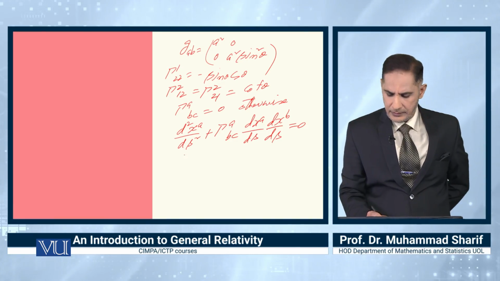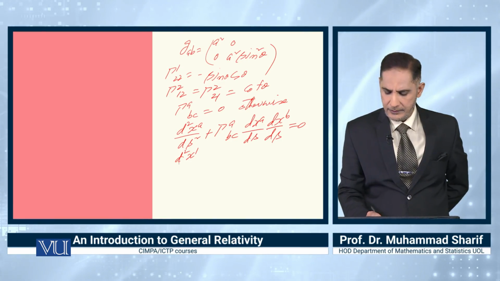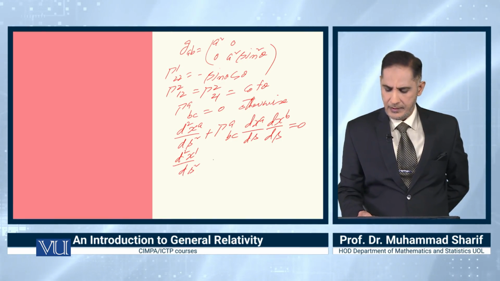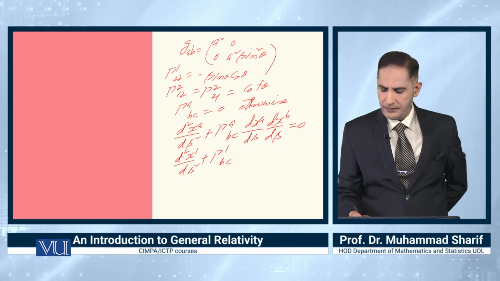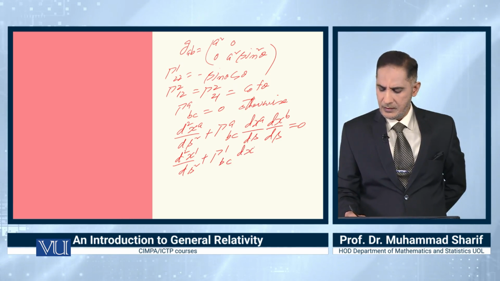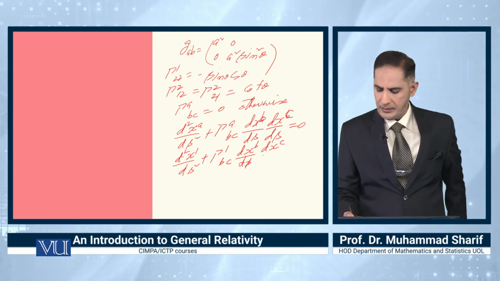So this is d square x1 ds square plus Γ^1_bc dx^b ds dx^c ds is equal to 0.